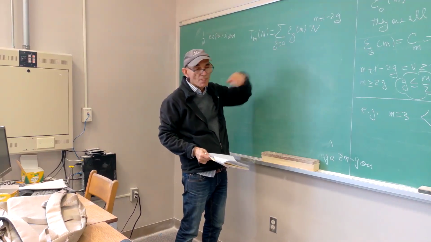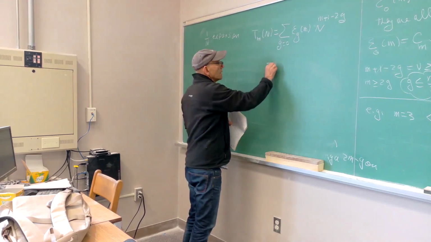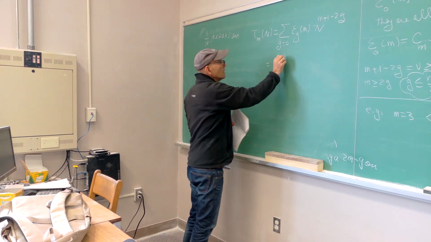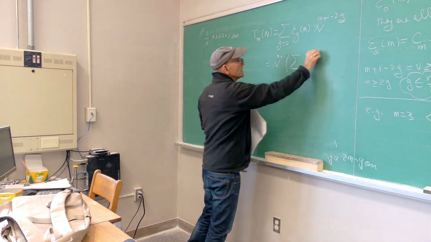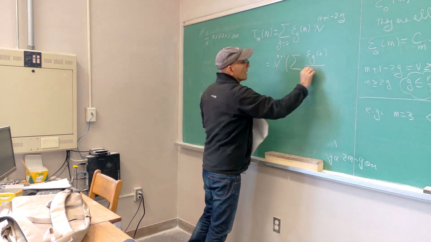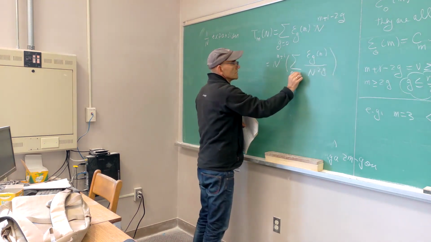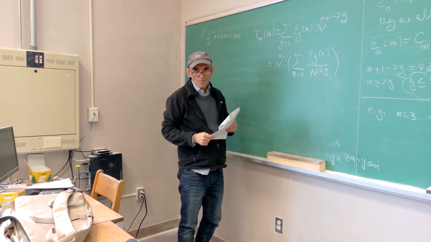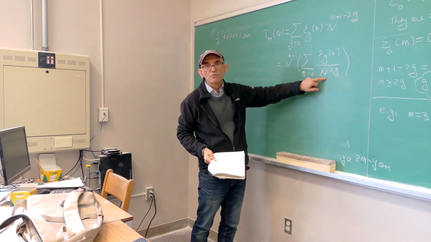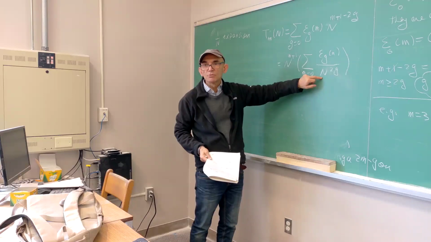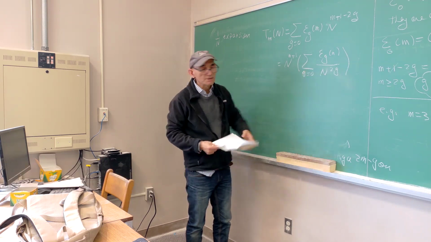Now, I can write this as n to the m plus 1 times the sum of epsilon_g^m over n to the power 2g, g equal to 0. Right? And that's why this is called the 1 over n expansion, because this is the crucial part. When g is equal to 0, it starts with a constant term, which is epsilon_0^m.